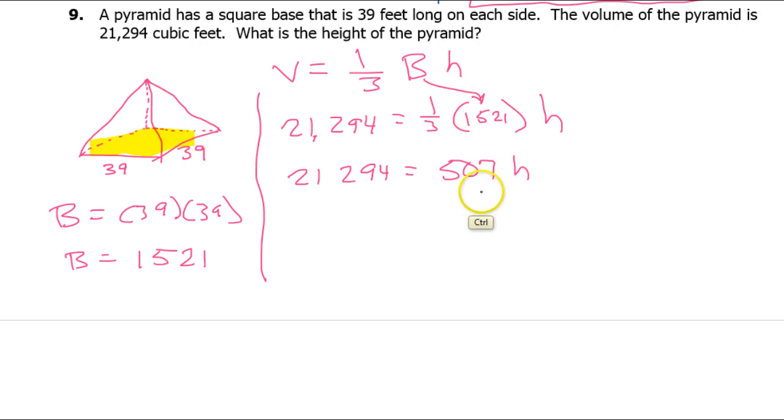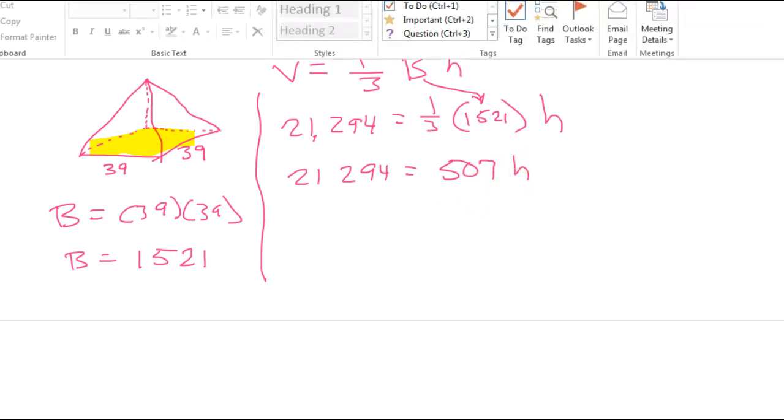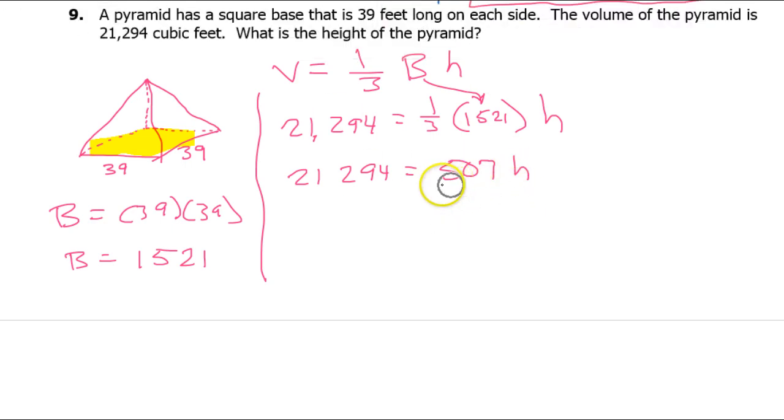times the height. So if I want to know what the height is, all I have to do is divide both sides by 507. All right, because these will cancel each other out.